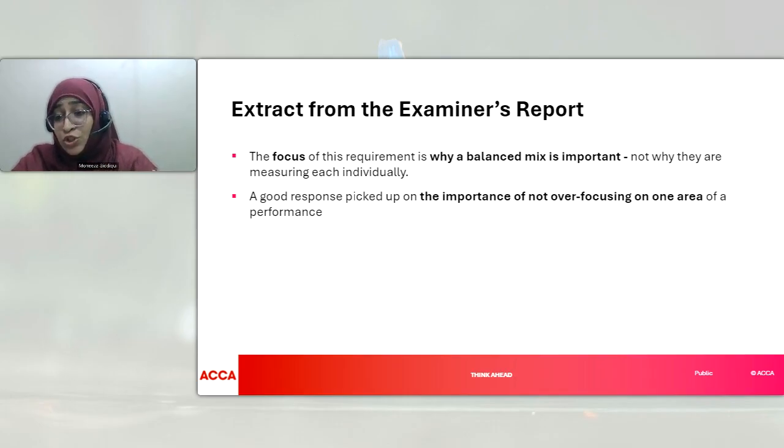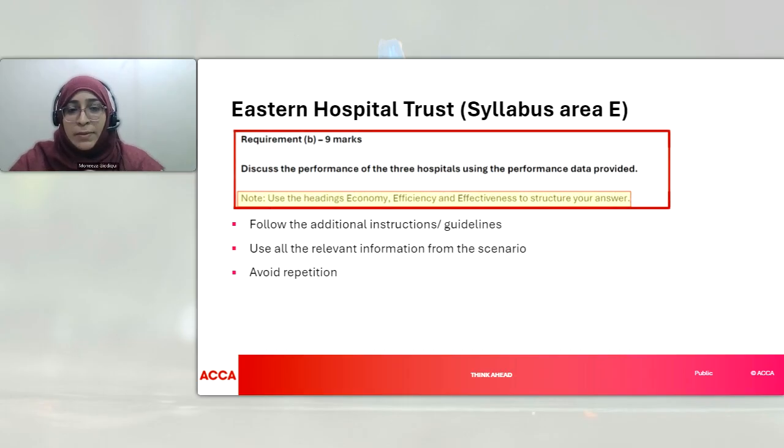So that's important. You need to plan your answer, not just focusing on one area that you're most comfortable with. You need to make sure that you're picking up the relevant information from the scenario and you're answering the requirement. And one of the feedback points that we'll be covering later on as well is that use of subheadings makes things easier. Okay. But we'll be coming back to that later.